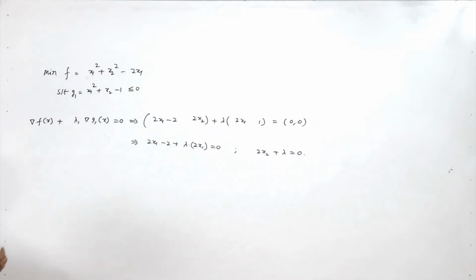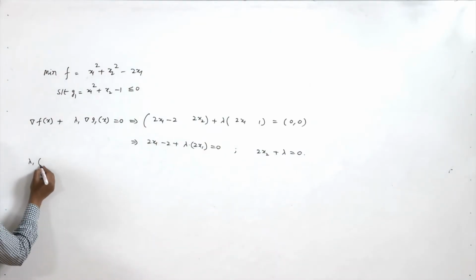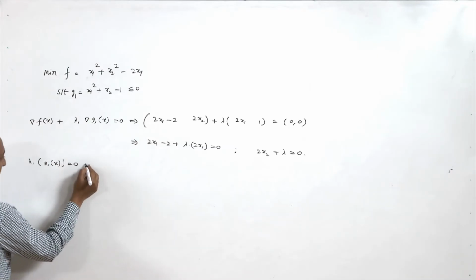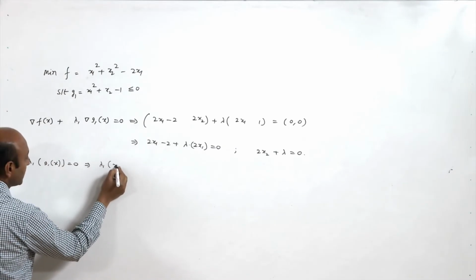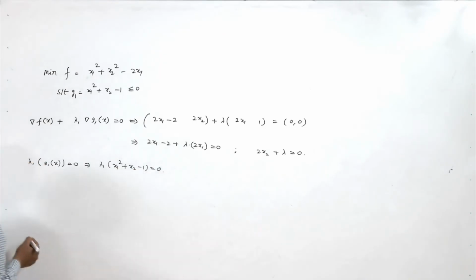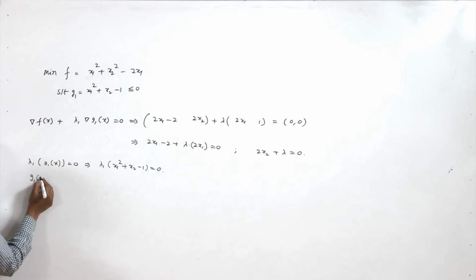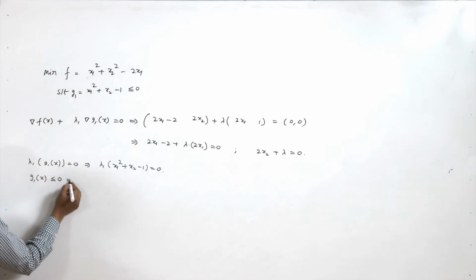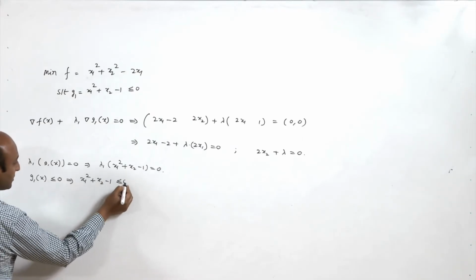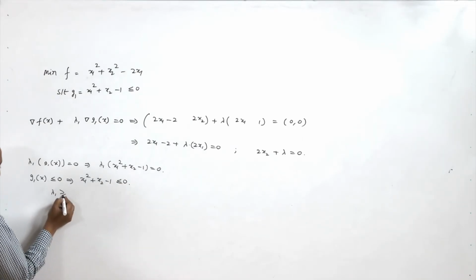Now, the other conditions are lambda 1 into g1(x) should be 0, this implies lambda 1 into x1 square plus x2 minus 1 equal to 0. Next condition is g1(x) must be less than equal to 0, this implies x1 square plus x2 minus 1 less than equal to 0, this is a feasibility condition, this must hold, and lambda 1 must be non-negative.